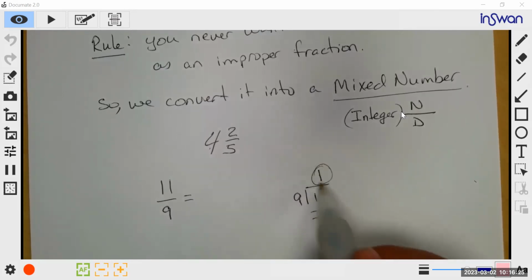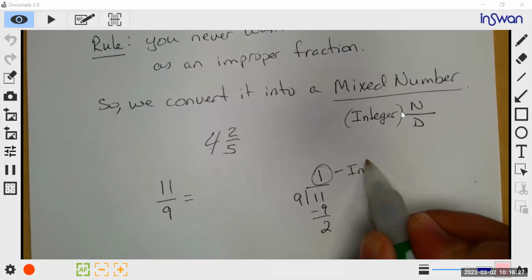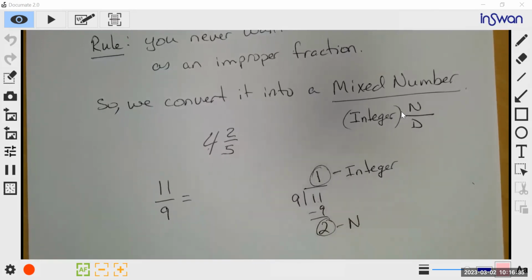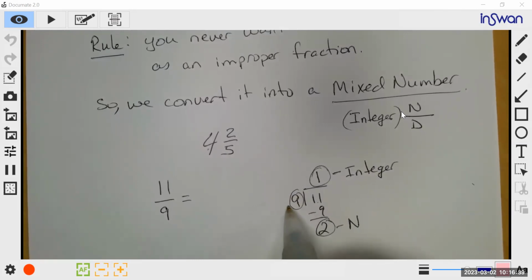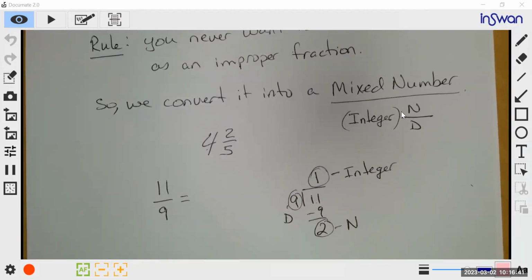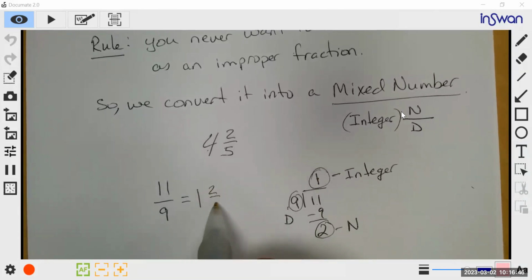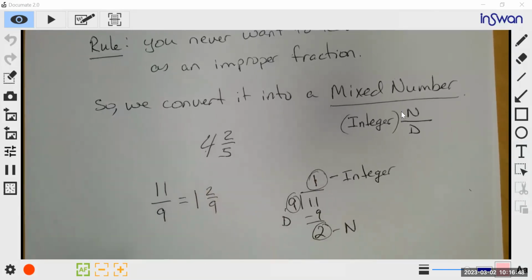The top number here is the integer part. The bottom number here is the numerator. And this number here is the denominator. 1, 2 over 9. The denominator has to stay the denominator.